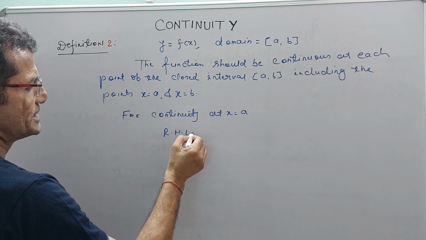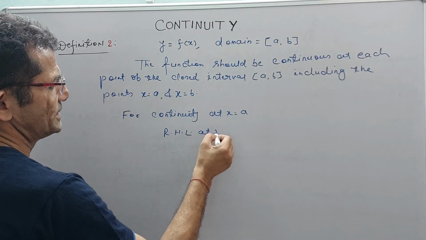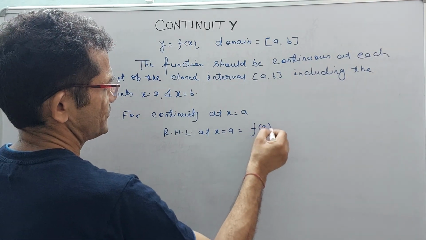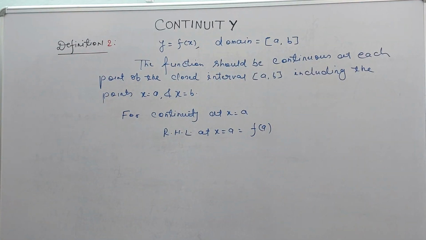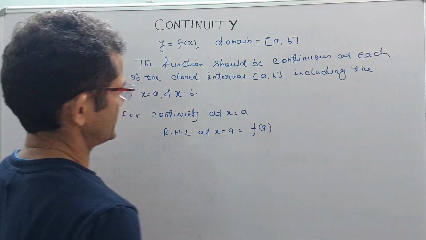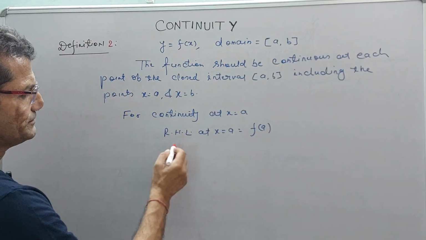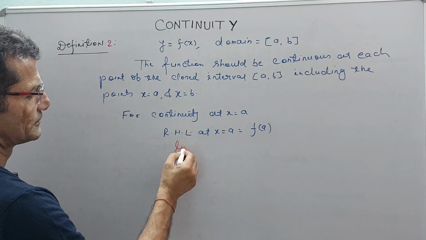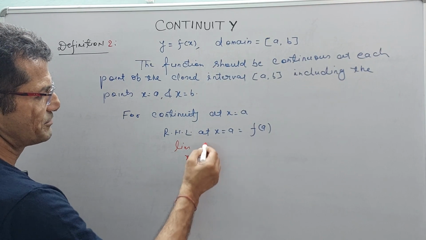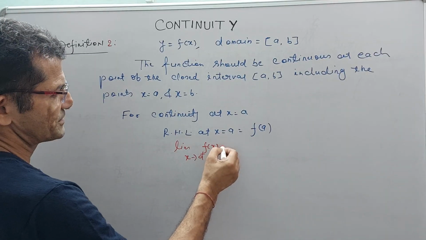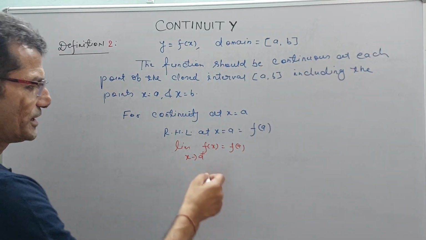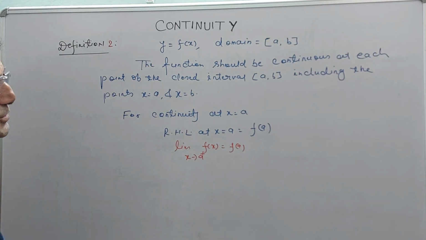The right hand limit at x equal to a should be the functional value. So here is the formula: right hand limit at x equal to a is equal to the functional value. It means that the limit as x tends to a plus of f(x) is equal to the functional value. Both should be equal and both should be defined.